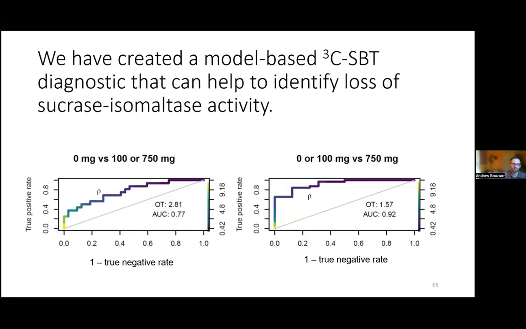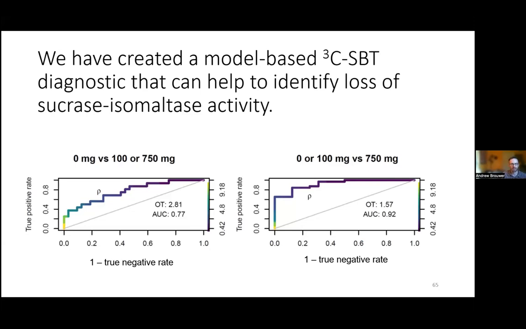And so if you're familiar with receiver operator curves, that's what we're doing here. We're plotting that true positive rate versus 1 minus the true negative rate. In the interest of time, I'm not going to go too much into the theory here, but the idea is that the area under the curve of this graph tells you how good of a diagnostic it is.